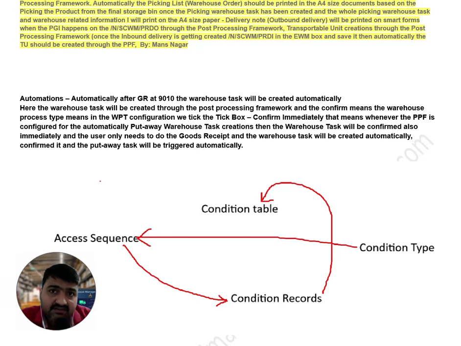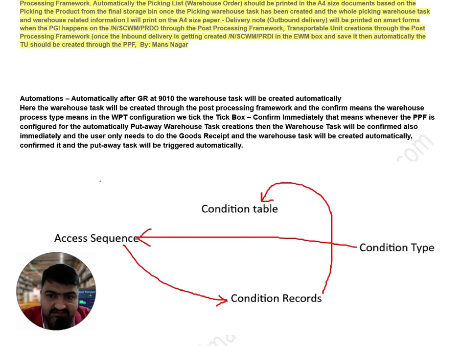When the system sees this is the warehouse process type, this is the warehouse order, this is the process. For example, once the checkbox confirm immediately is ticked, the system will immediately understand that this post-processing framework or this warehouse process type needs to be triggered automatically, confirm immediately.